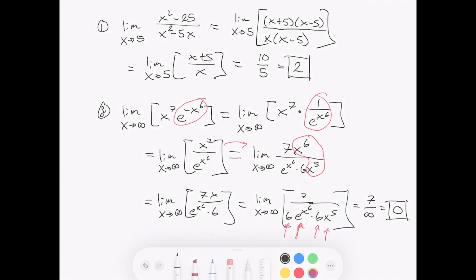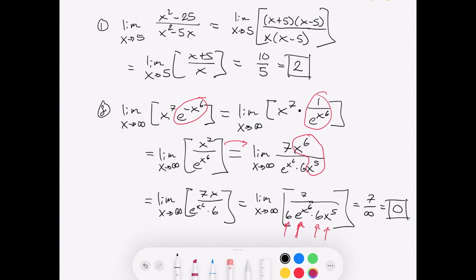Fascinating. Two very nice examples. One where we were able to use an algebraic process in order to simplify the original argument so that we didn't have to apply L'Hopital's rule, even though the conditions were satisfied where we could have used it.